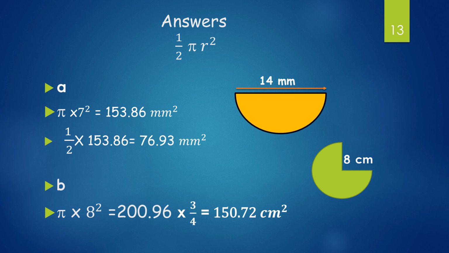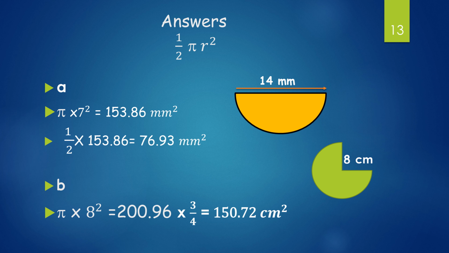76.93 millimeters squared. The next one, probably it's a little bit tricky because we haven't got a full circle. It's only 1/4 of a circle. It's missing here. Again, you've got the radius is 8 centimeters. Just square it. 8 times 8, it's 64.